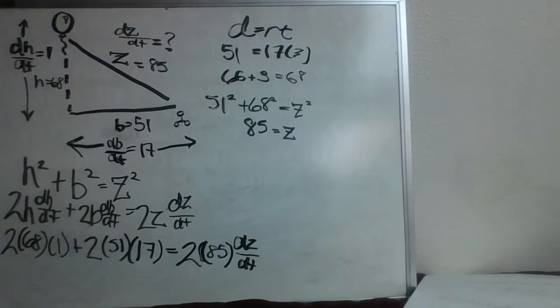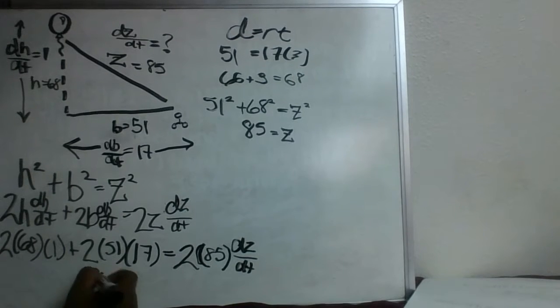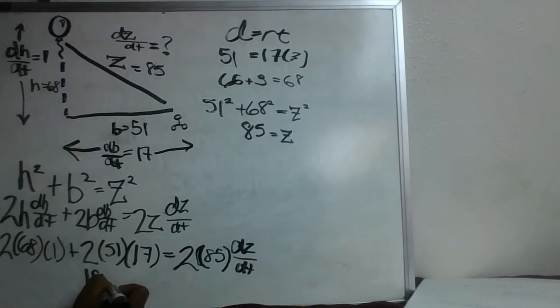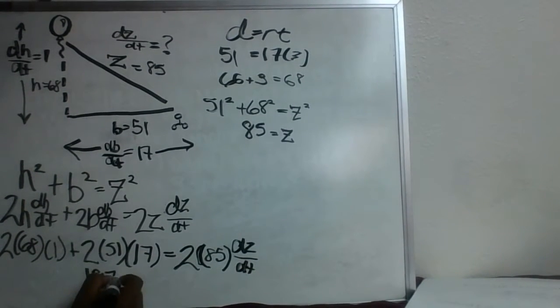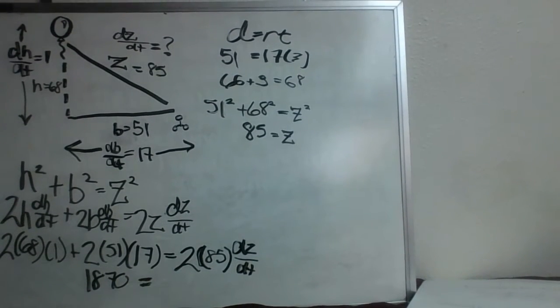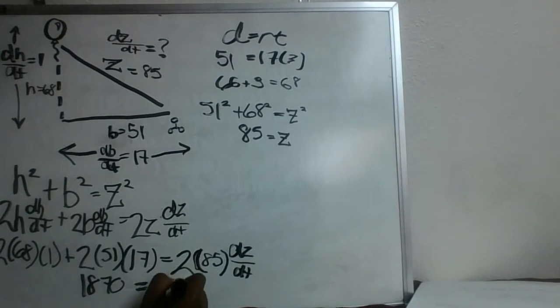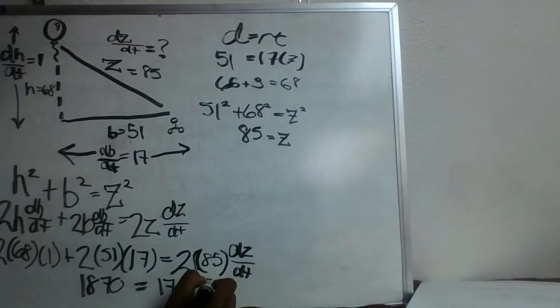So all together, this is going to equal 1,870 equals 170 dz over dt.